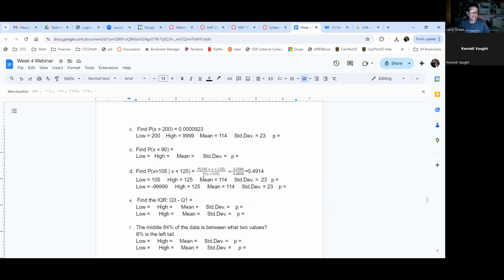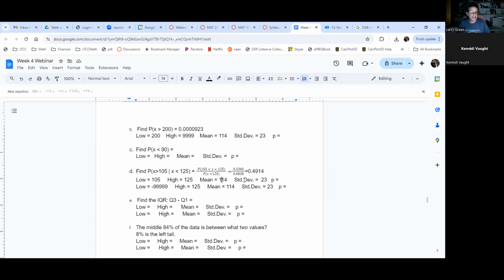You can use a formula: probability of A given B is the probability of A and B divided by the probability of B. Probability of A and B means it's greater than 105 and less than 125, or between 105 and 125. Then divided by the probability of B, the probability that x is less than 125. So for the numerator, the low is 105, the high is 125.